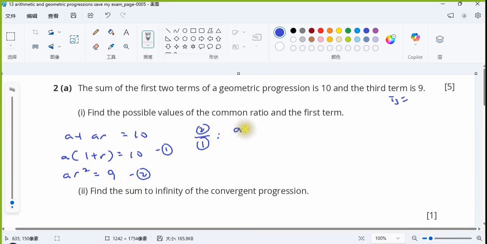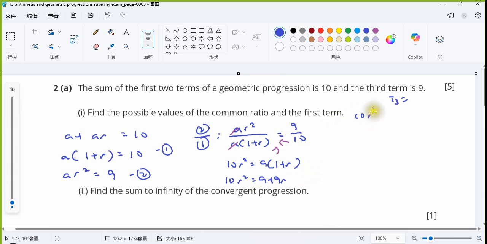Then we have ar squared over a times (1 plus r) equal to 9 over 10. The a here cancels, and then cross multiply. We have 10r squared is 9 times (1 plus r). So 10r squared is 9 times 1 plus r, so we have 10r squared minus 9r minus 9 equal to 0.